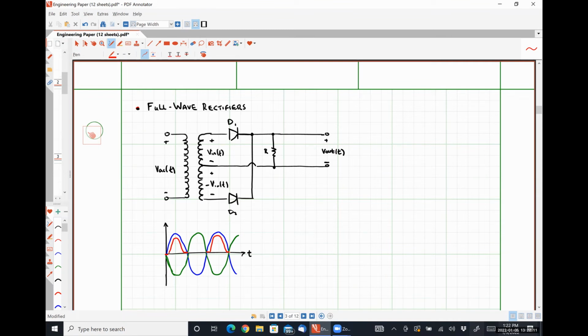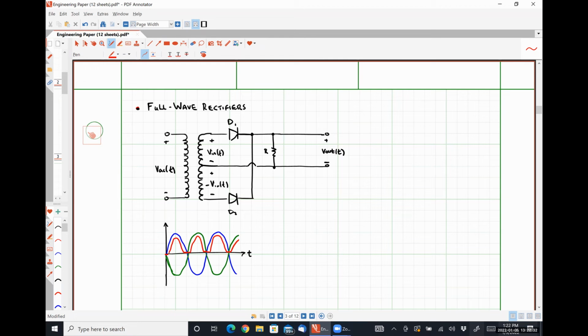When negative Vn becomes larger than VD on, which is where we're going to get these half cycles here, that's going to turn D2 on. And so we'll have something like this.